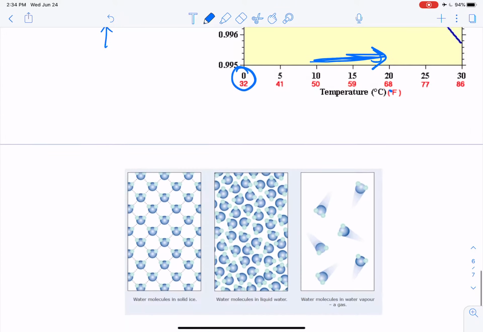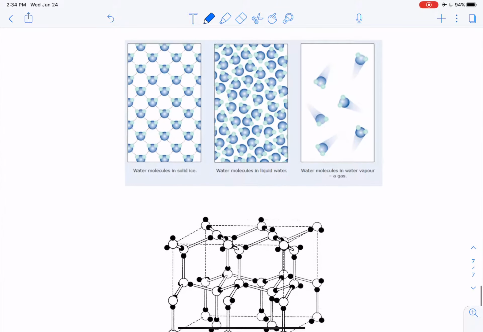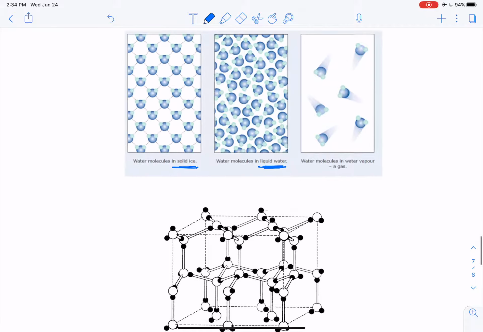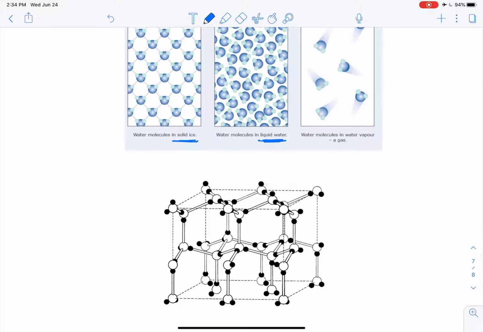If we look at this slide right here, we can see that liquid water molecules are pretty close, but when water molecules form their solid form, their ice, they arrange themselves into a perfect 3D crystal structure. And they're actually farther apart, those molecules in the solid form, than they are when they're in the liquid form. It just kind of puffs out.